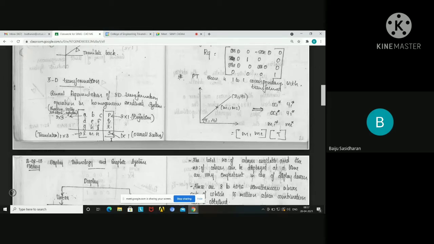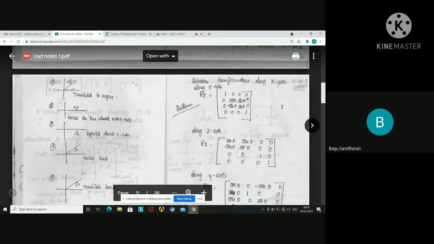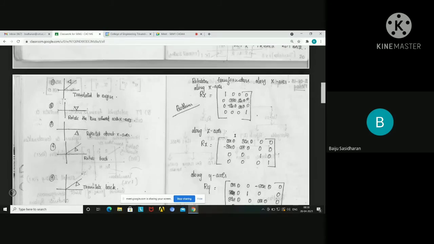And in the 3D transformation also, we have three axes. Therefore, we have rotation about the x-axis, rotation about the y-axis, and rotation about the z-axis. If it is rotation about the x-axis, just see, the first row will be 1 0 0 0 and the first column will be 1 0 0 0.